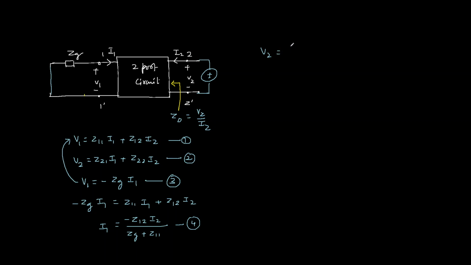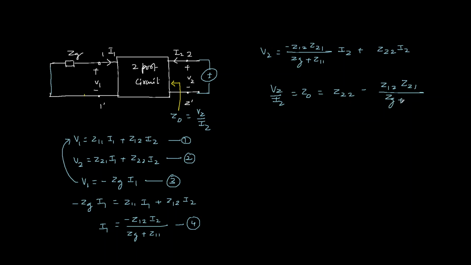So V2 is -Z12 Z21 over (Zg + Z11) times I2 plus Z22 I2. So V2 by I2, which is the output impedance, is Z22 - Z12 Z21 over (Zg + Z11). So this is the output impedance.